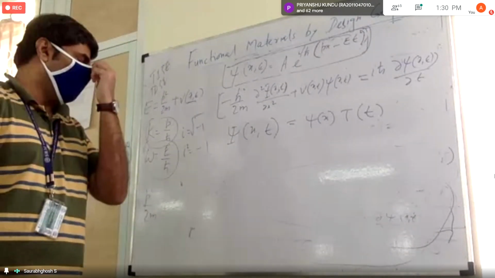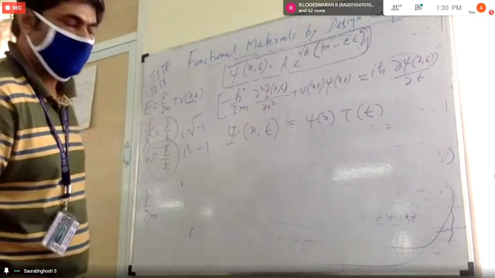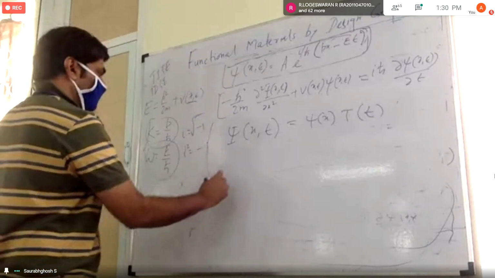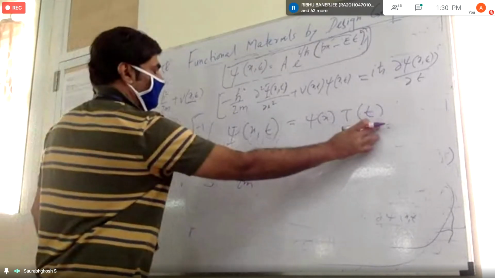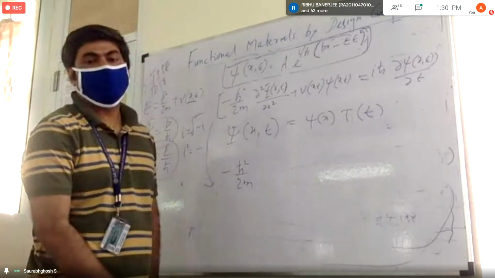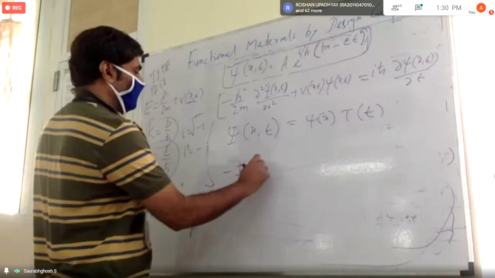This is called separation of variables. If you do that and put this here, the equation becomes minus h cut square by 2m, and this factor is a constant with respect to differentiation in position x, so nothing is going to change.